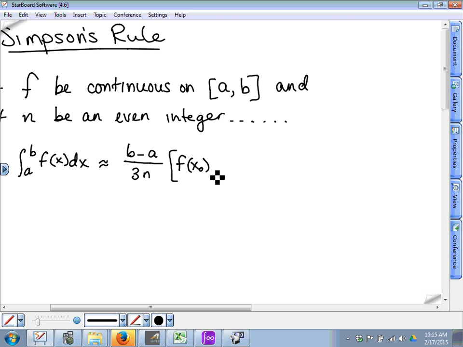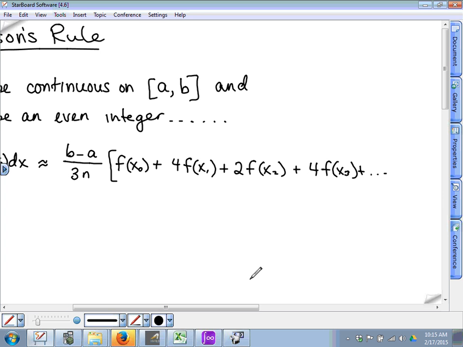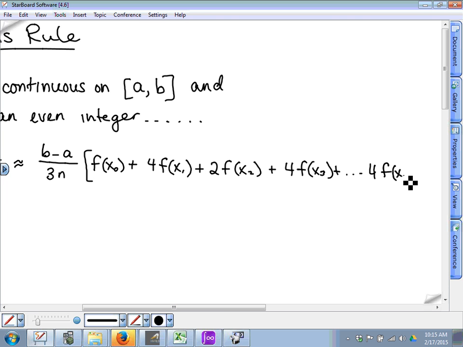It's delta x over 3 times f of x sub 0, plus 4 f of x sub 1, plus 2 f of x sub 2, plus 4 f of x sub 3, plus, and so on, 4 f of x sub n minus 1.